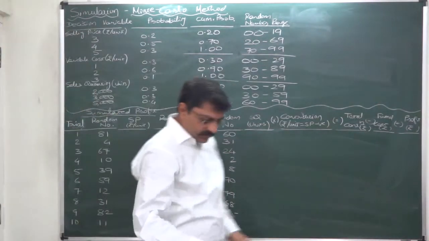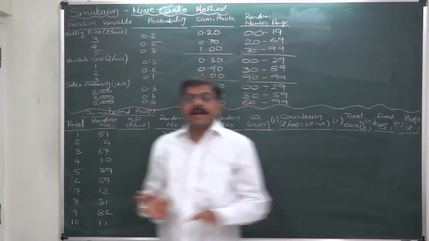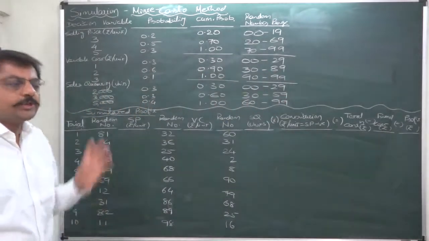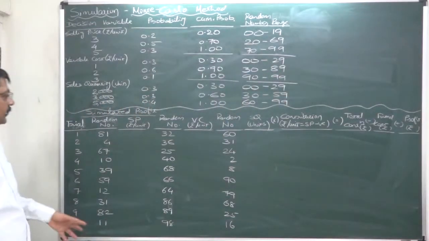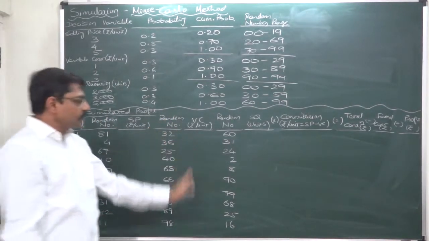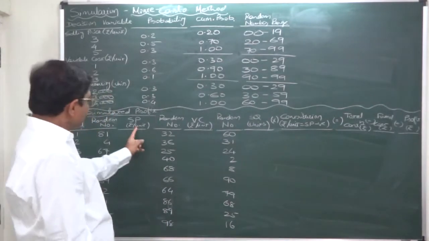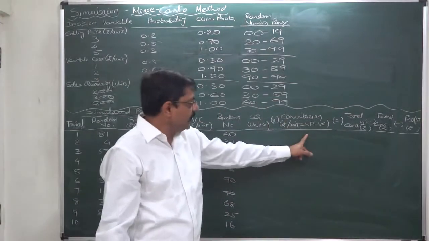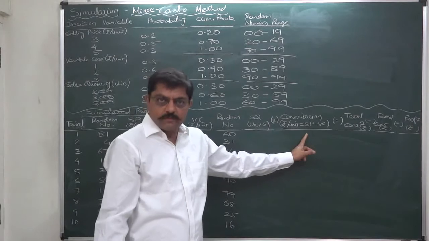Now in the second step we can directly go for simulation of everything. Simulation of selling price in all 10 trials, variable cost per unit in all 10 trials. Selling price minus variable cost gives us the contribution per unit.